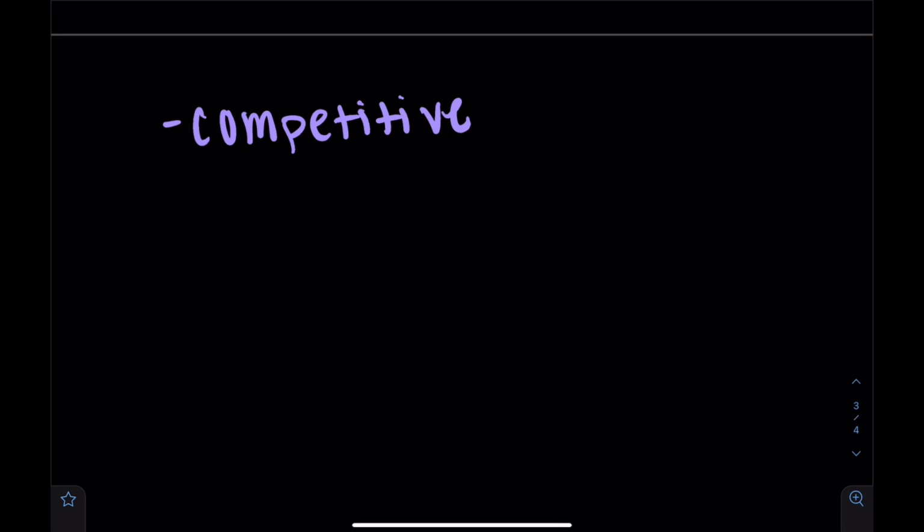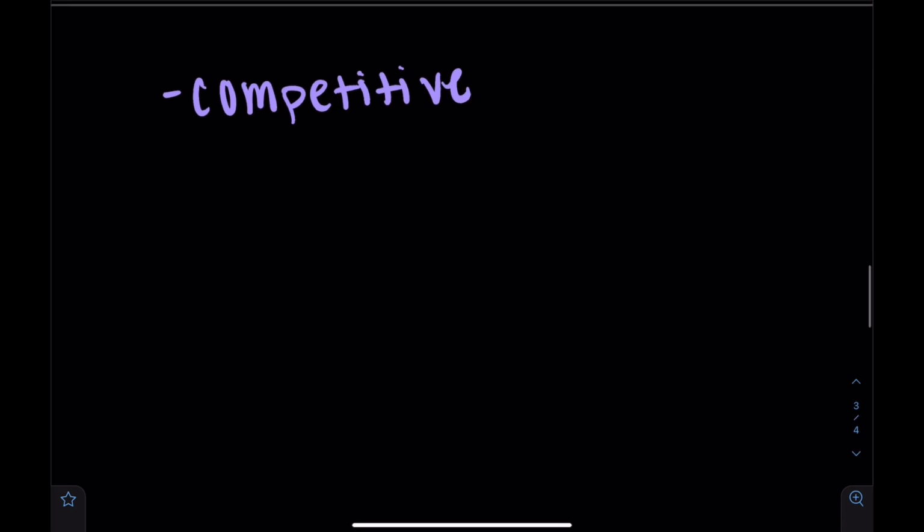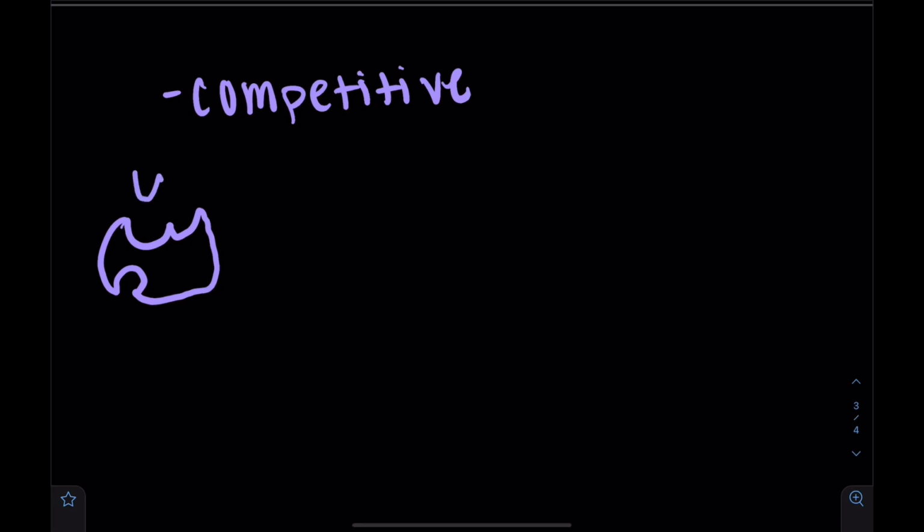So let me go ahead and draw out an example here. So I'm just going to draw out a regular enzyme, right? And then here we would have our substrate. So this is the substrate that would bind here into our enzyme.